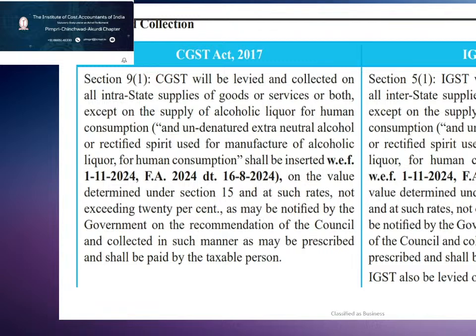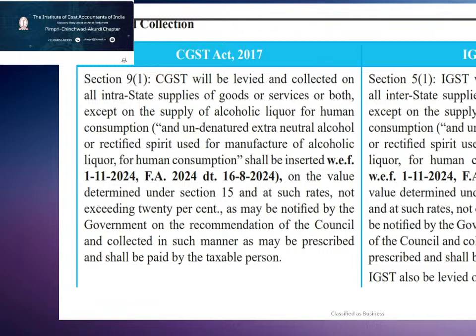So 5A is also similar, like services supplied by the central government, state government by way of renting of immovable property, then the person registered under the CGST Act has to pay the GST. Again, it is immovable property other than residential dwelling, so other than residential purposes.